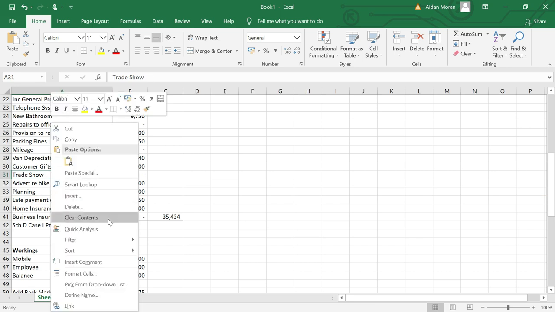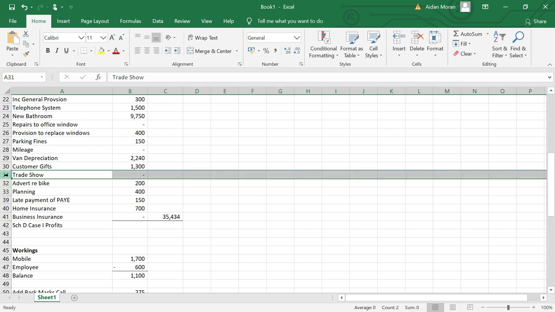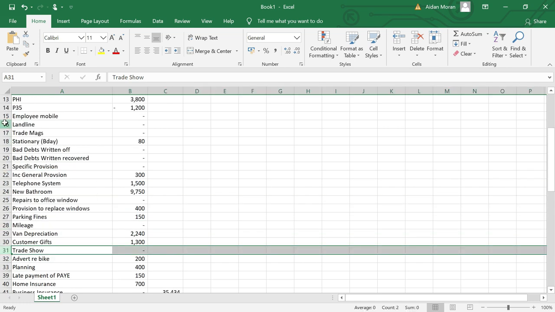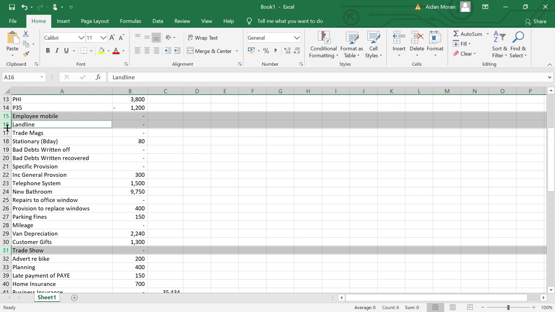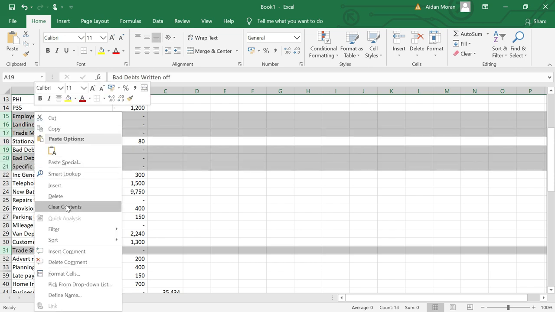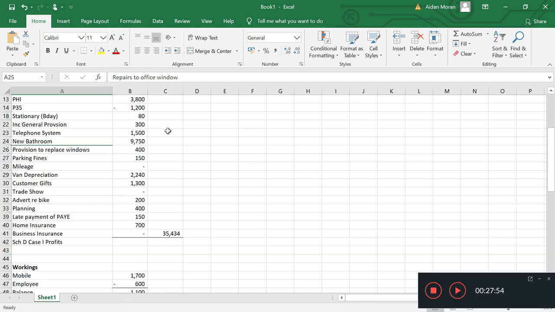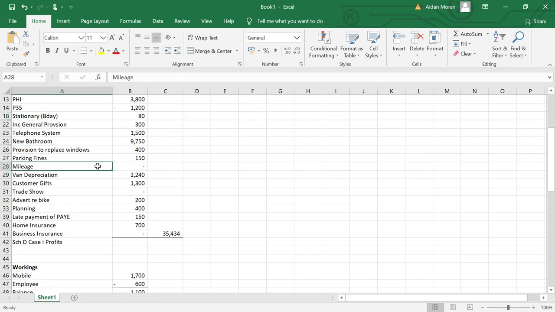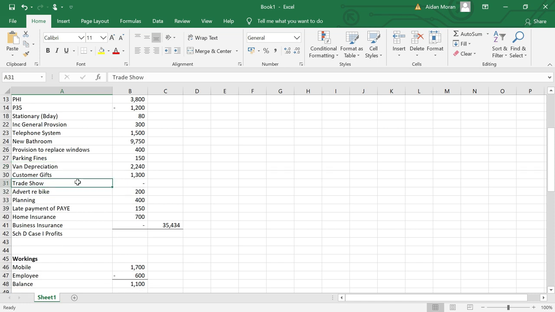Whether you do them on the face of the computation or as a separate working, I don't really mind, but I just want to show you the layout. I'm just hiding all the items that I did not add back.